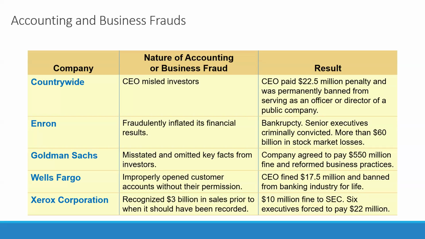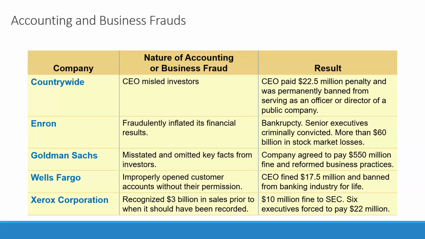Essentially, they used a lot of really strange accounting techniques and basically made up stuff to say that they were making money on trading utility futures when they weren't. And the whole company blew up, and it ended up in huge stock market losses for investors.